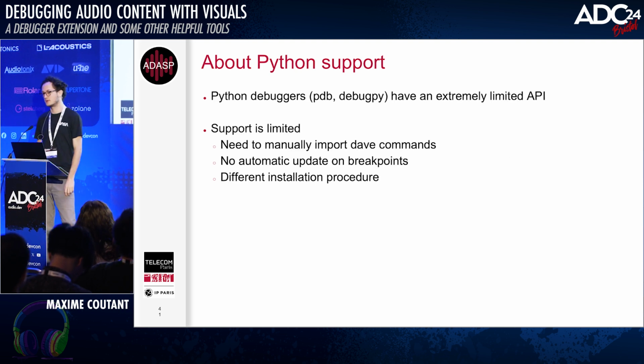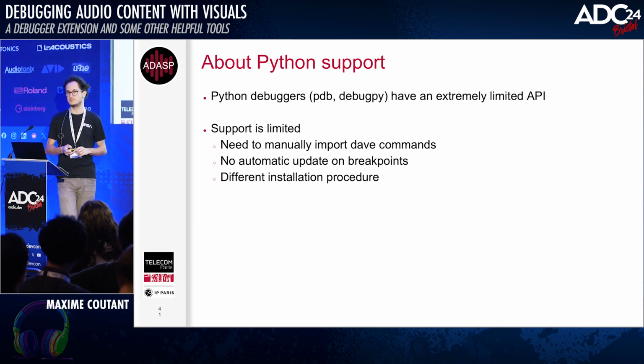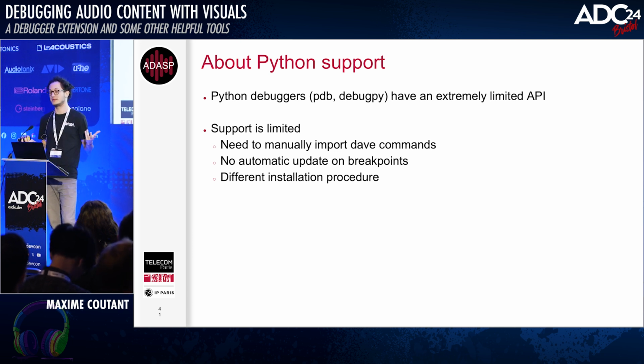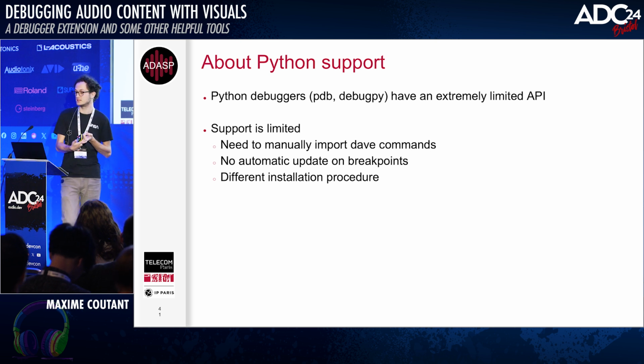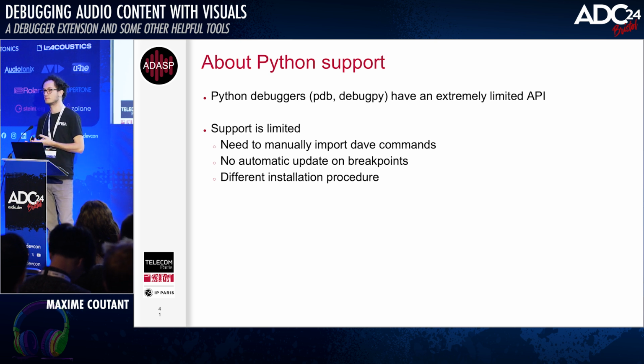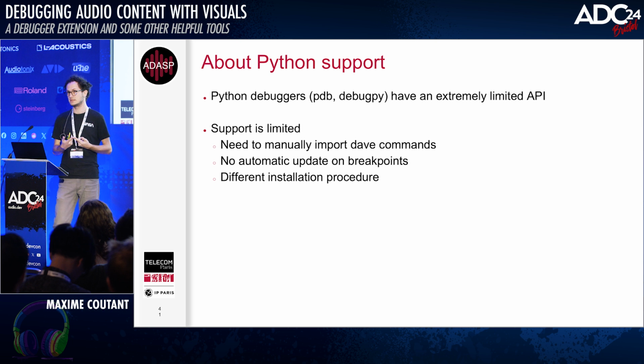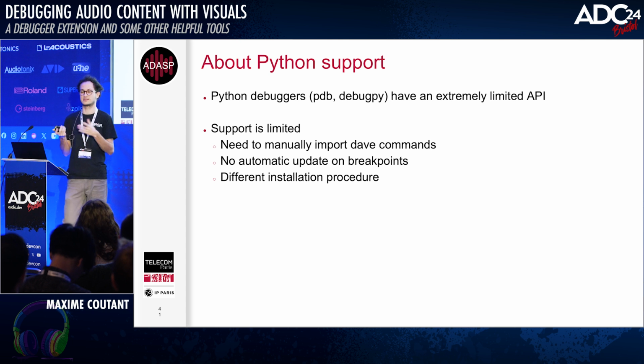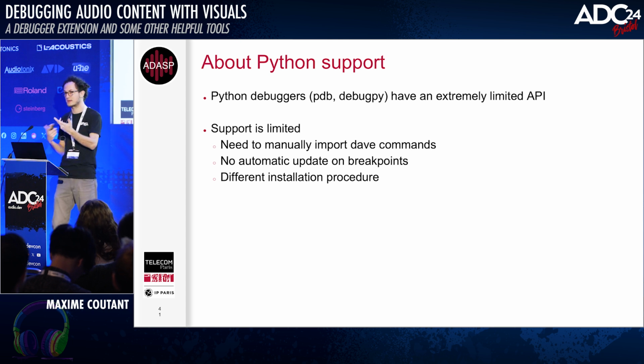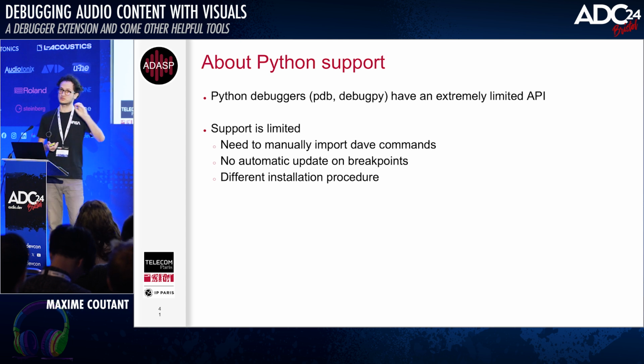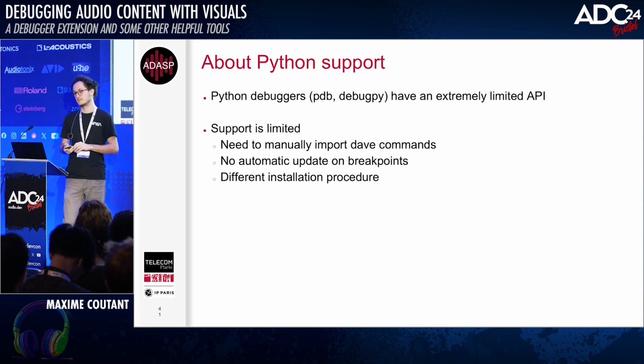About Python support, I really wanted to support Python as a language like the others. But the thing is, the basic Python debuggers, so PDB, the vanilla one, or debugpy, the one from Microsoft that comes with VS Code, both have, ironically, a really limited Python API. You cannot do anything with it except run and put breakpoints and stuff. So the support exists, but it's limited.